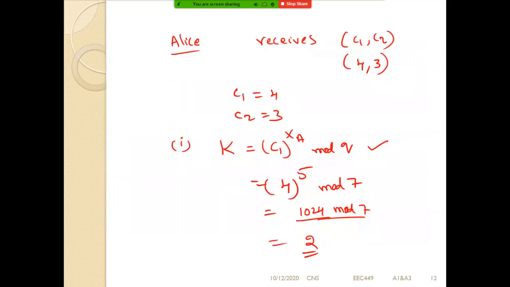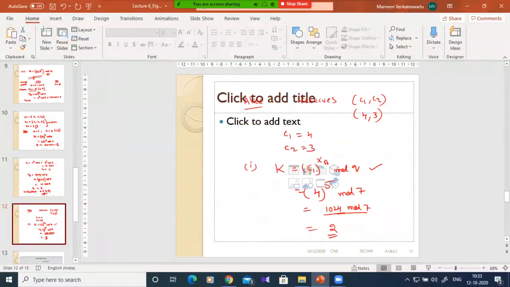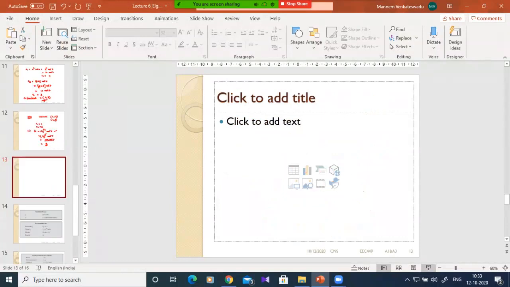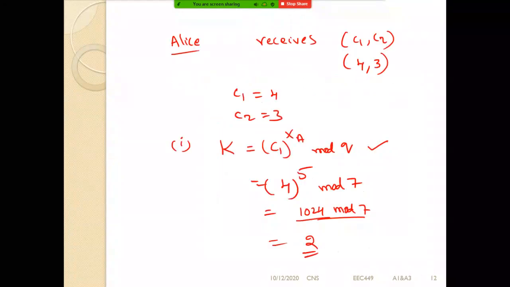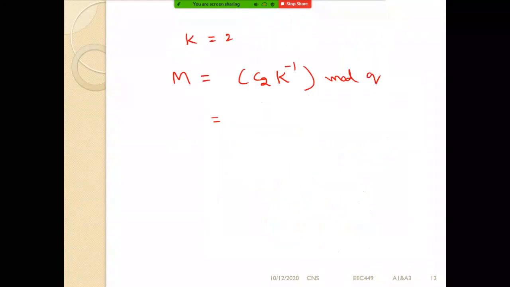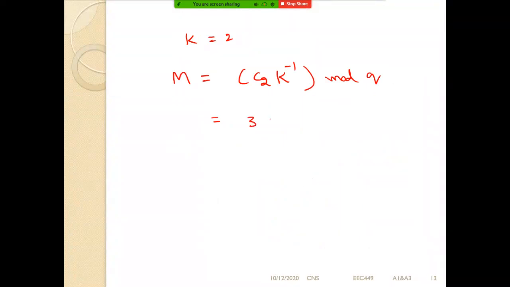Now what is the next step? To recover the original message using this secret key. How? She knows capital K is 2. Now M is equal to C2 into capital K inverse mod q. C2 is 3 and K inverse means 2 inverse.